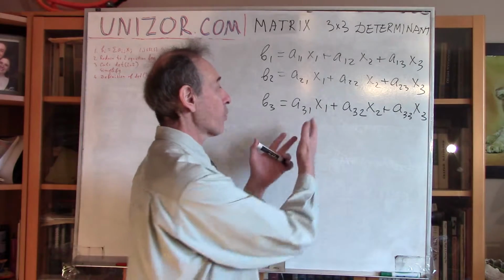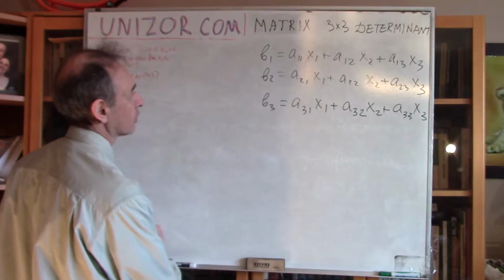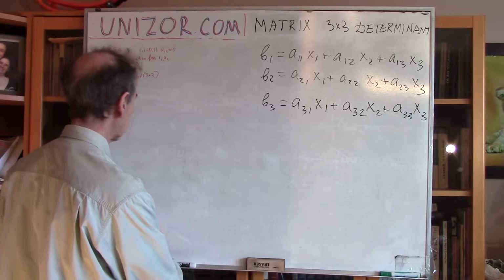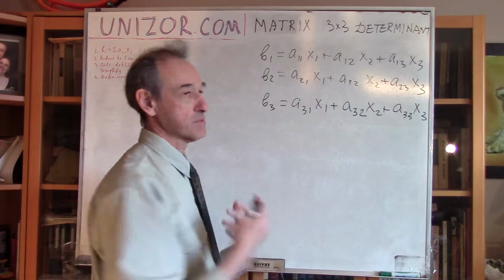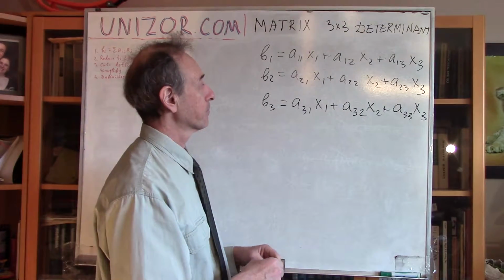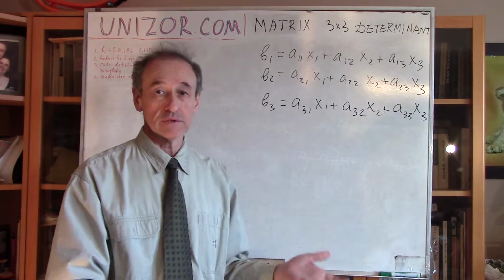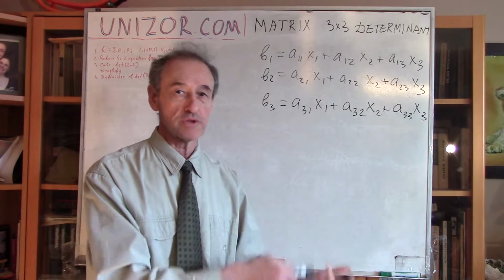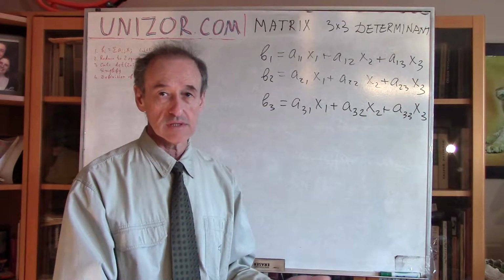So the question is, what is the determinant for a matrix which has 3 rows and 3 columns? What I'm going to do is solve this particular system of 3 equations, and in the process of solving, I will determine if I can solve it and it produces a unique solution, then the system is good.